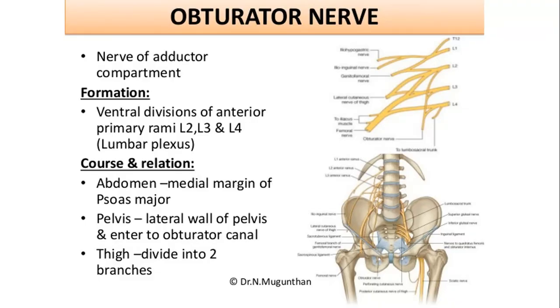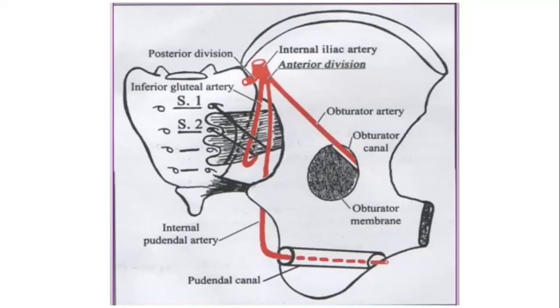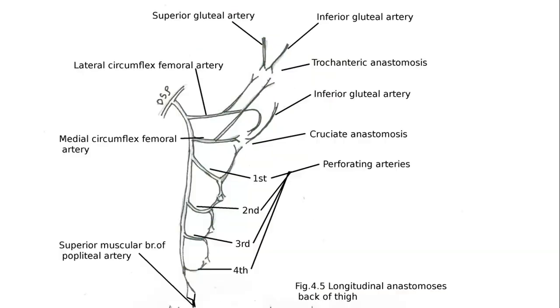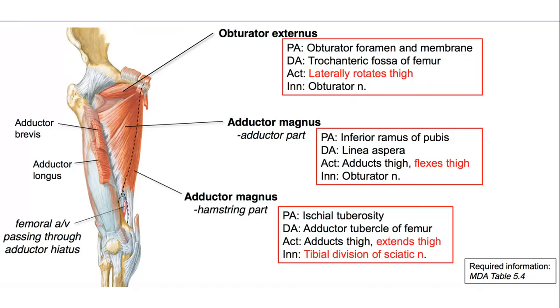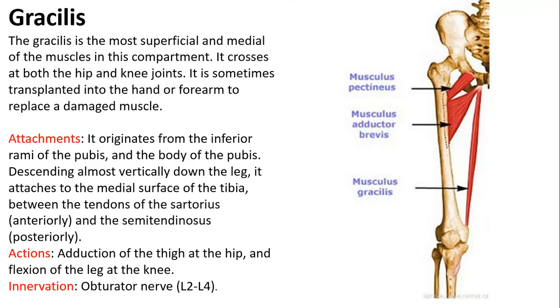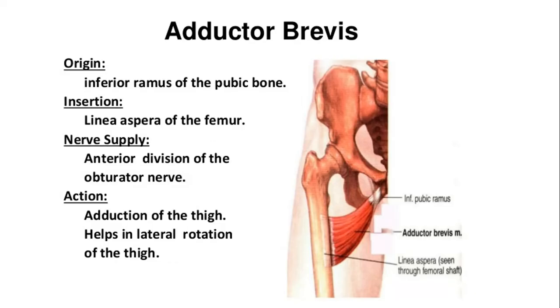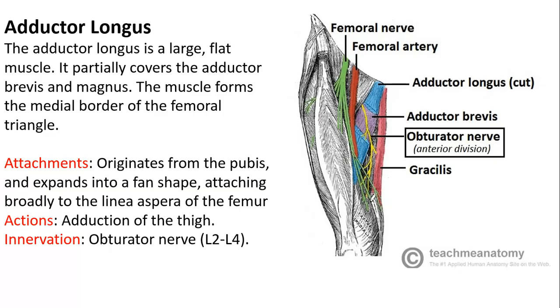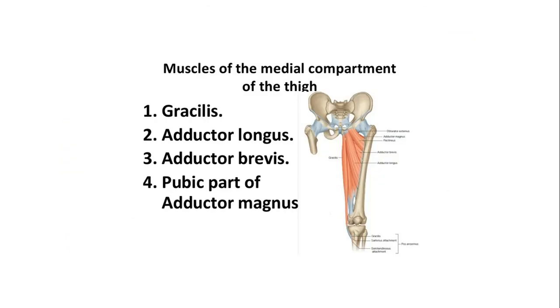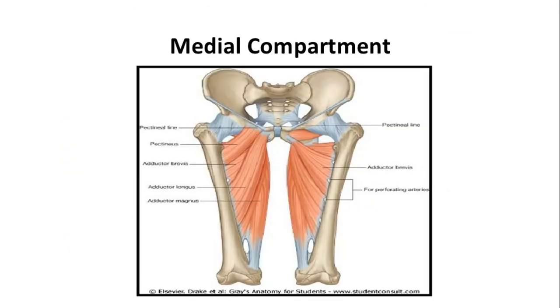So inshallah, in the next lecture we will discuss the posterior compartment, or first the gluteal region of the body, and we will see the muscles, neurovasculars of the gluteal region. Inshallah, we will discuss. Thank you.